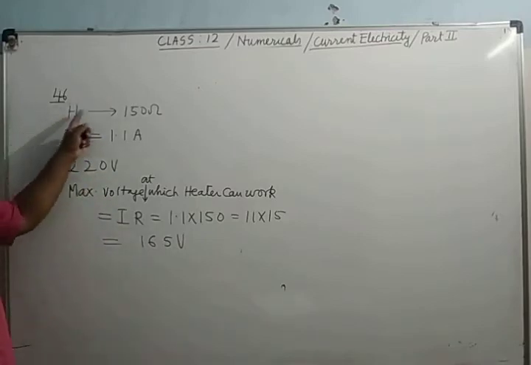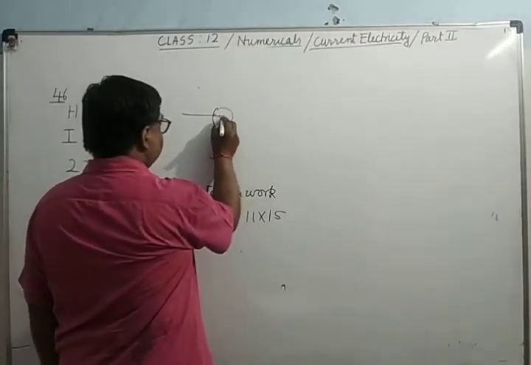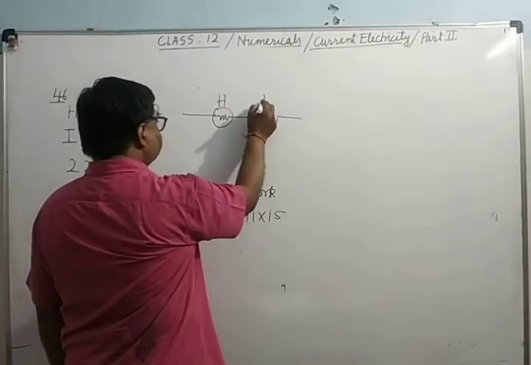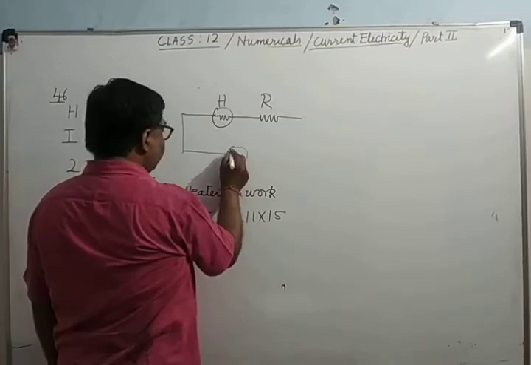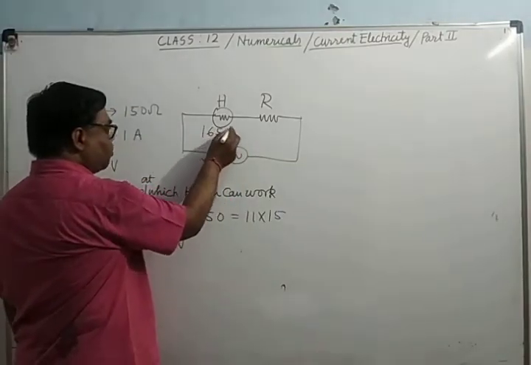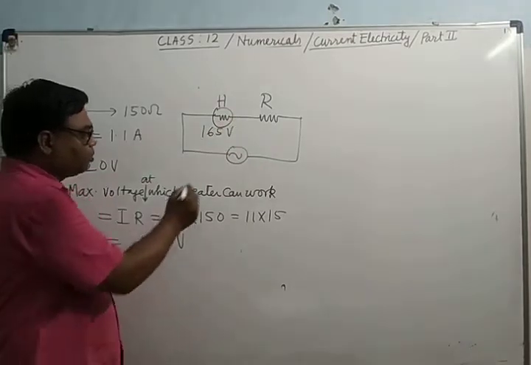That's why some resistor has been connected in series with this. This is the heater, and some resistor has been connected so that it allows only 165 volt drop across the heater. Remaining drop will be across what?